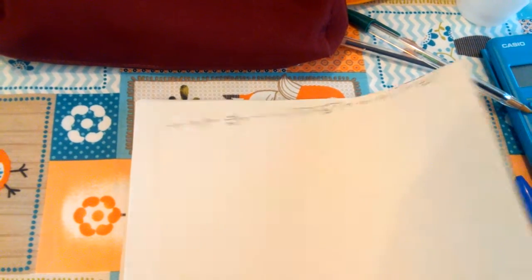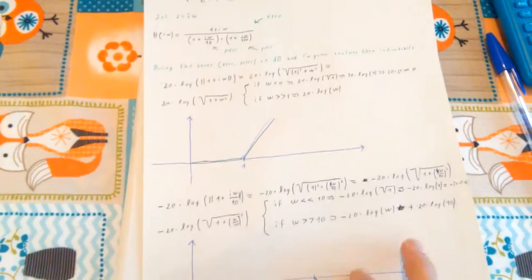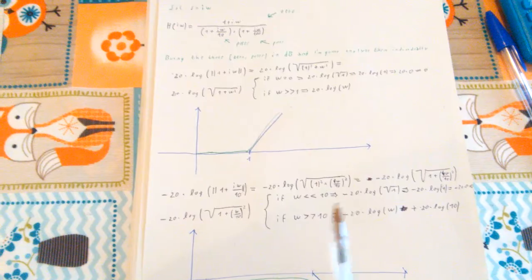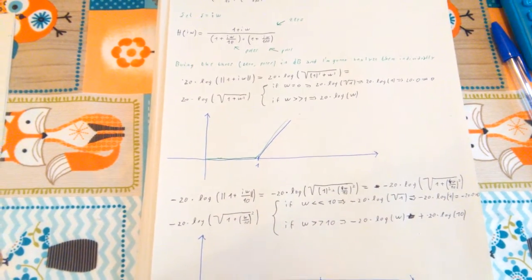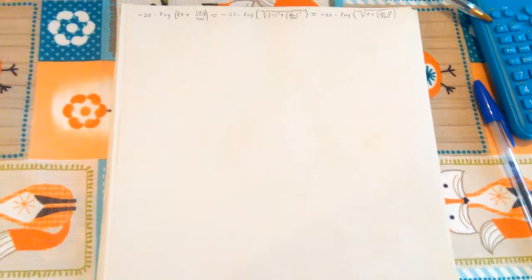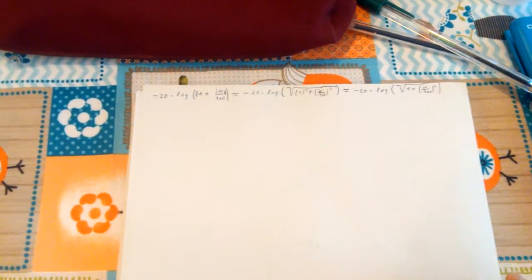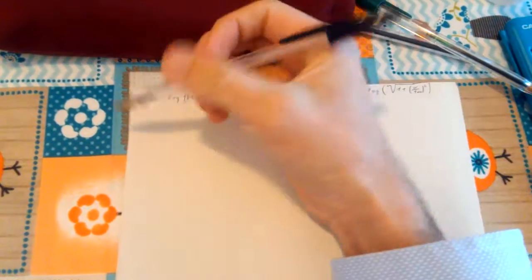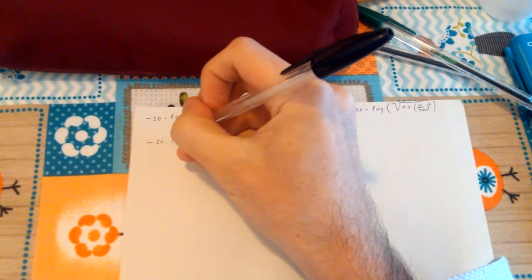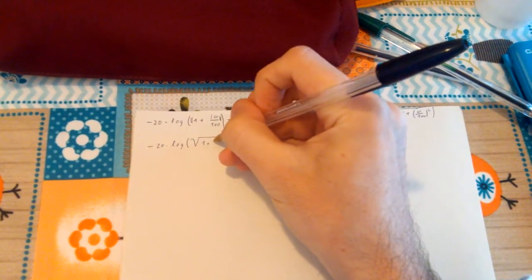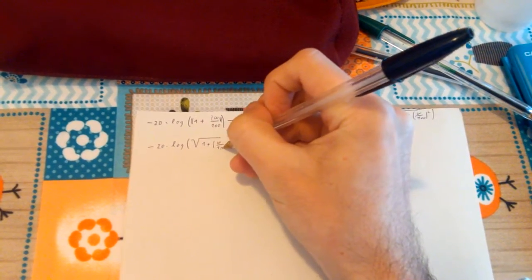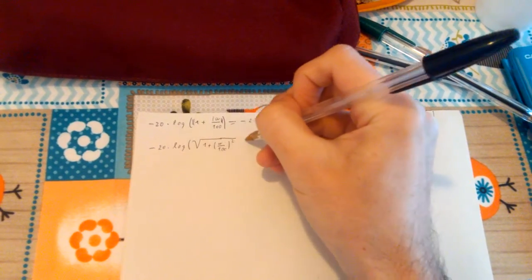Anyway, now we're going to do the exact same thing that we did before. We're just going to say, okay, what if omega is less or bigger and so on, and then we're going to plot it, because we're interested in when it's 0 and when it's not 0. So I'm going to say, okay, negative 20 times log of square root of 1 plus omega over 100 squared.